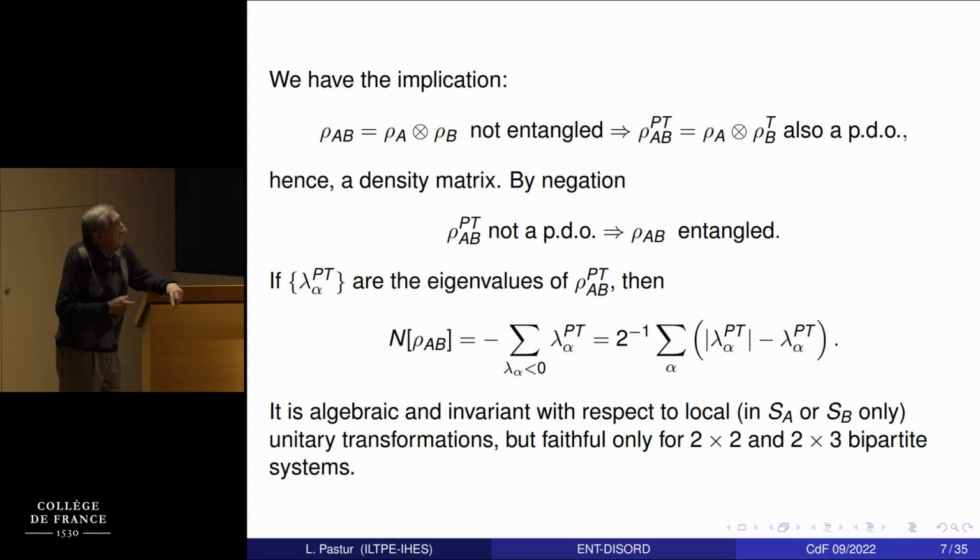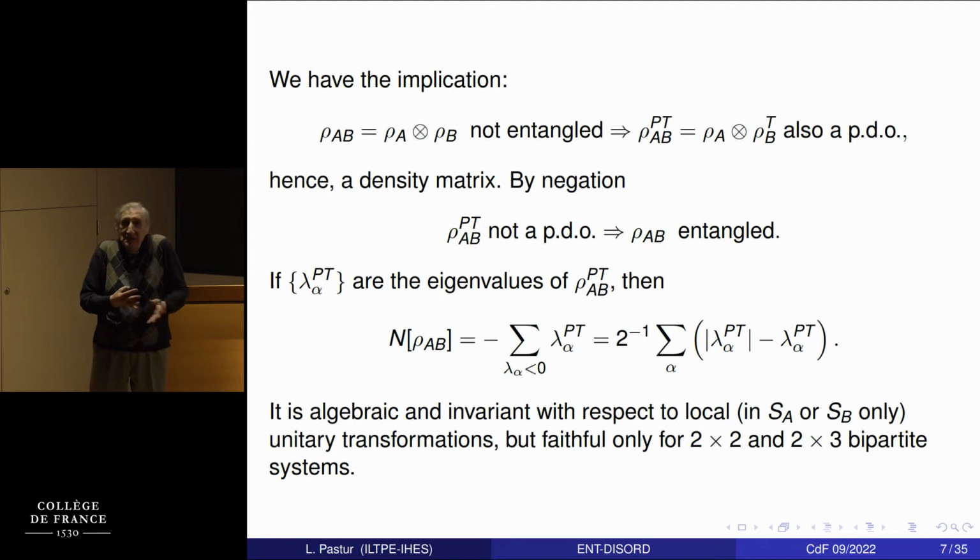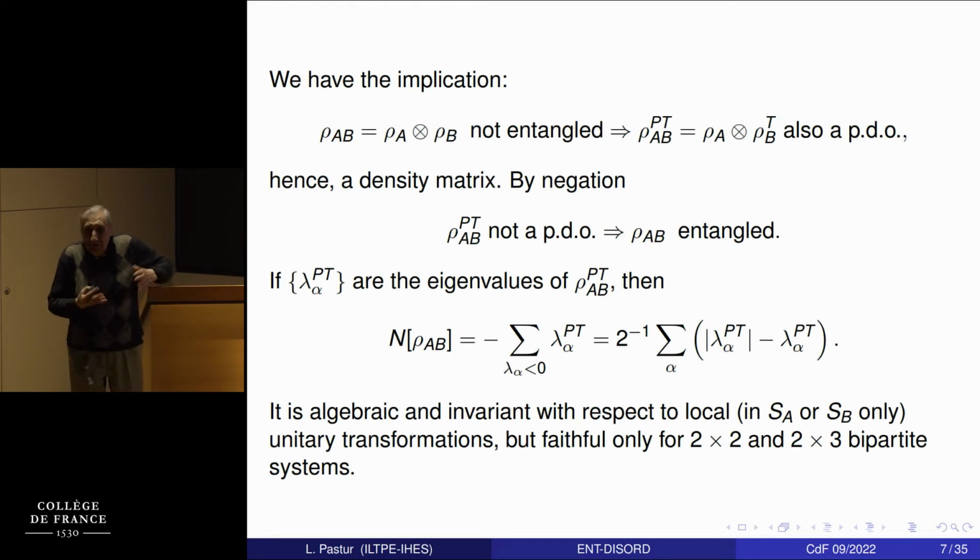It's called negativity. It is just the sum, with a minus sign, of the negative eigenvalues. So it measures, intuitively, to which extent your system is entangled: the more negative is your rho PT, the more entangled your system is, just by intuition, by common sense. So this is called, I repeat, negativity, and it is okay.